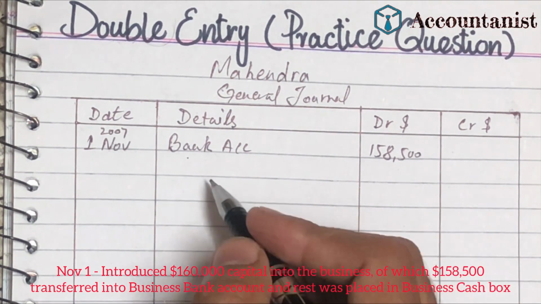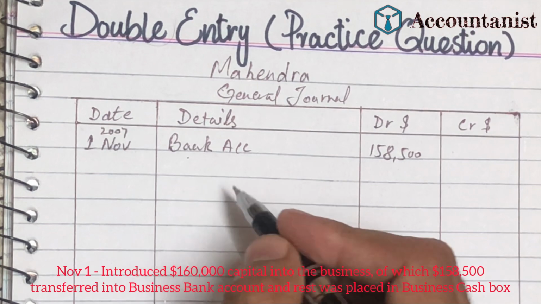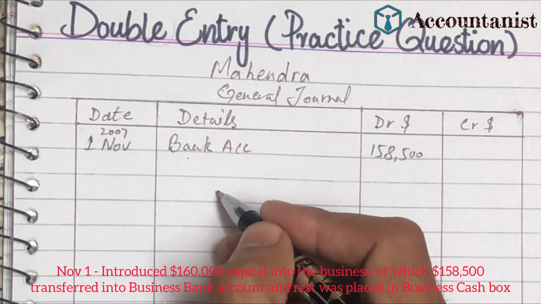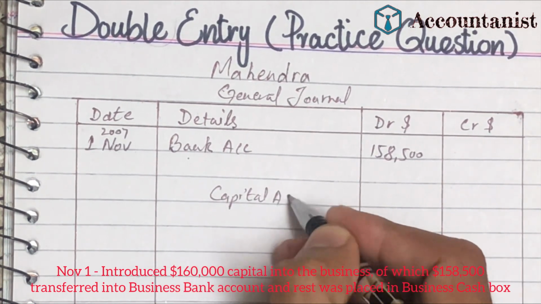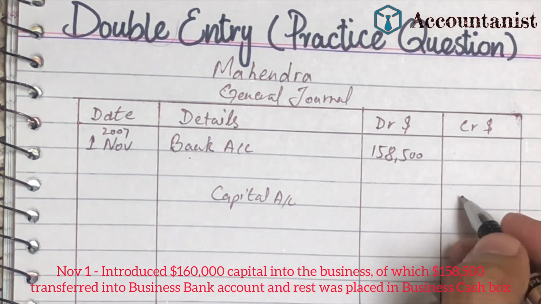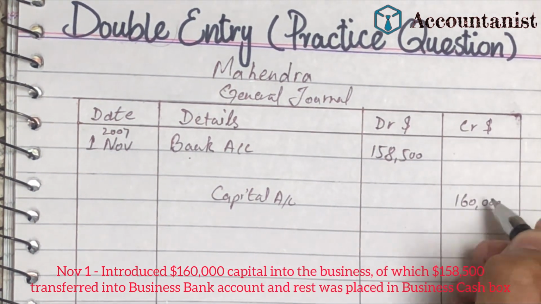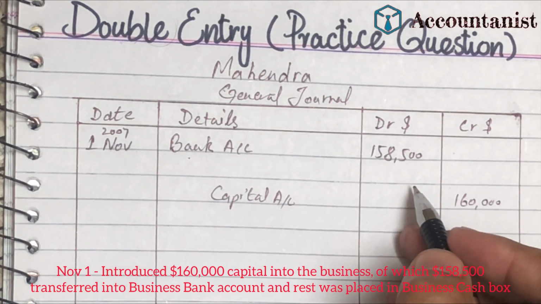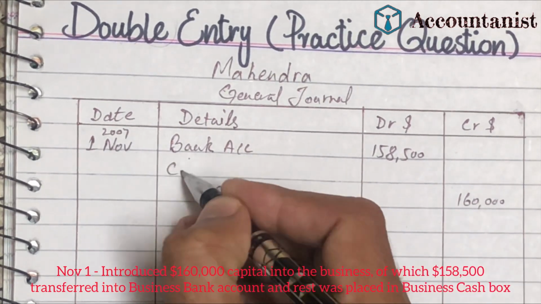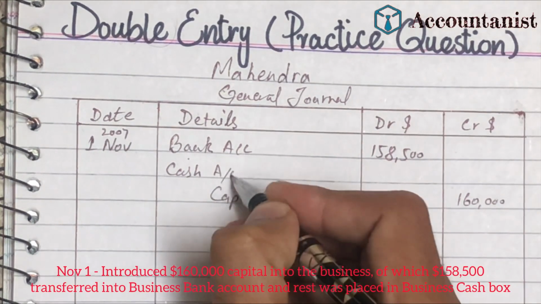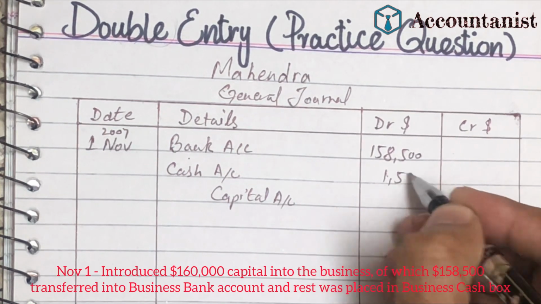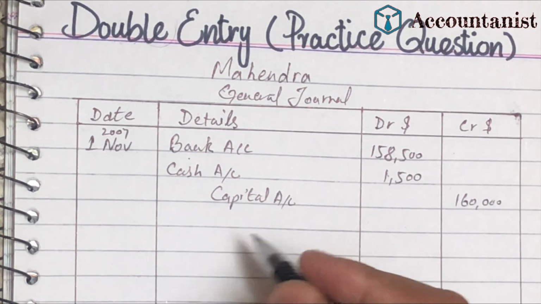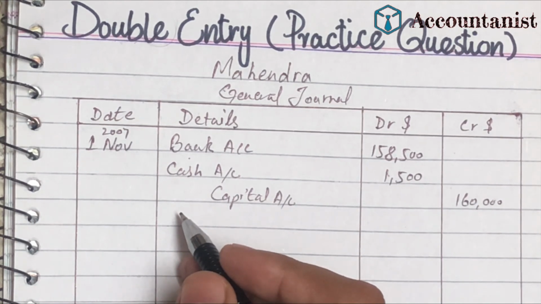As we can see, the total capital amount is 160,000, so the capital is going to be increased, so we are going to make capital credit with the amount of 160,000. Now the difference of these two amounts, it's mentioned the rest was placed in the business cash box, so we got the cash balance. That will be the difference of these two figures, that will be $1,500. So that's our first transaction.